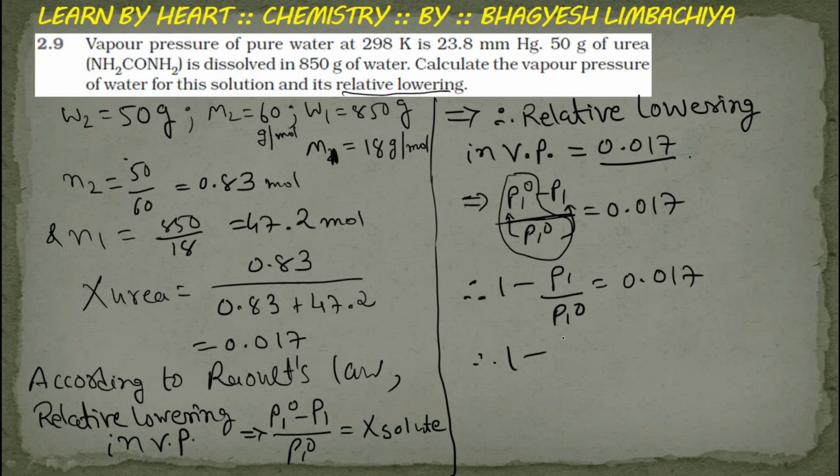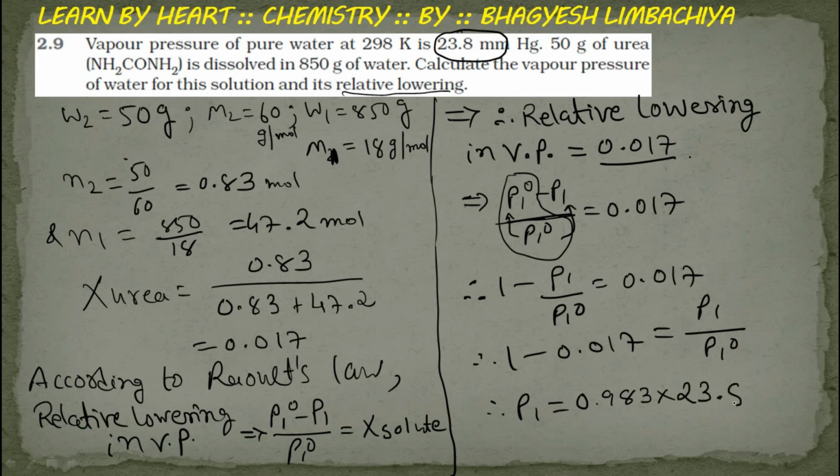So 1 minus 0.017 equals P1 upon P10. So P1 equals, by subtraction we will get 0.983, and it is multiplied with P10, that is given to you, 23.8 mm, and by multiplication we will get 23.4 mm. This is the answer.